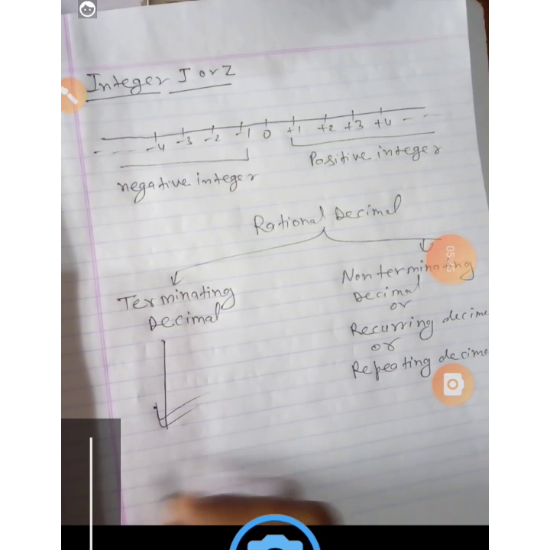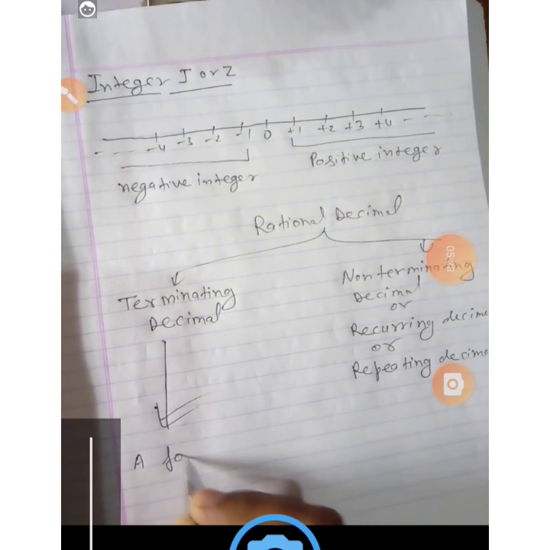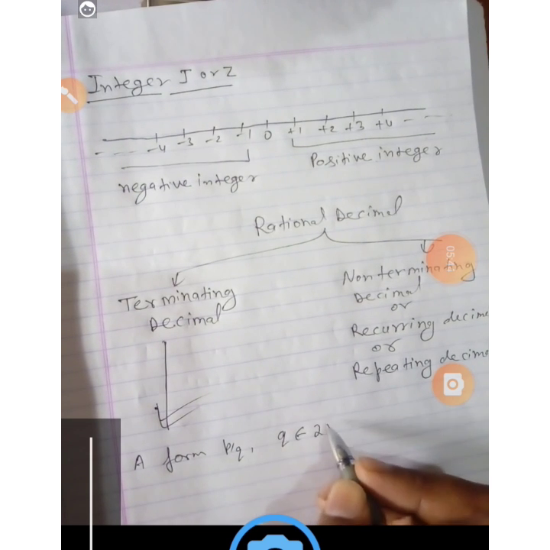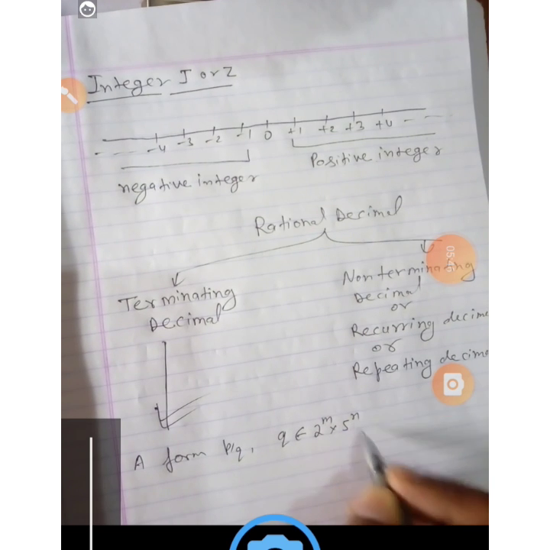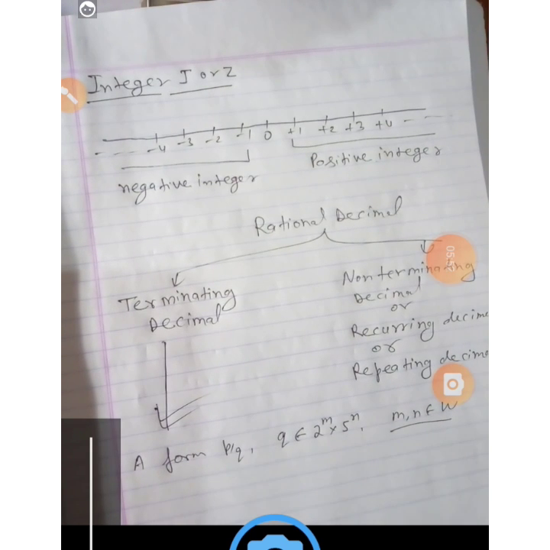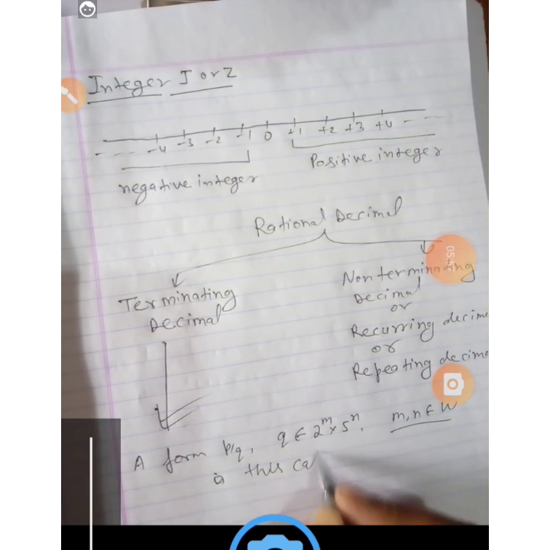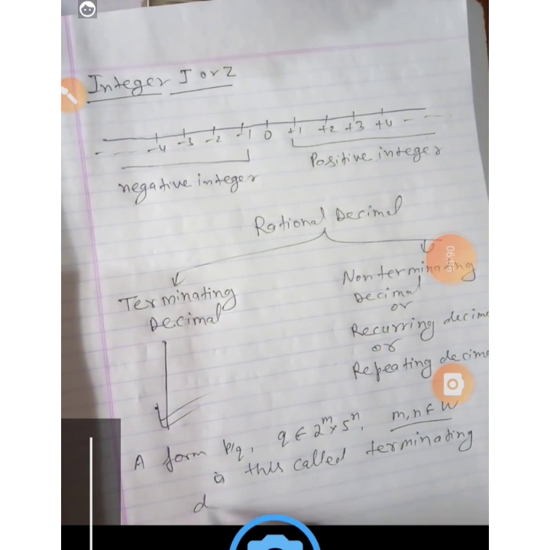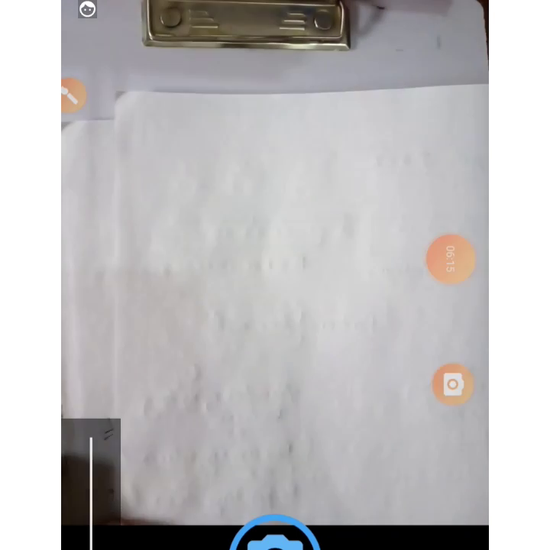If the form is p by q and q is of the form 2 raised to the power m into 5 raised to the power n, where m and n belong to whole numbers, then this is called a terminating decimal. Example: in a terminating decimal, after division it comes to an end with 0.